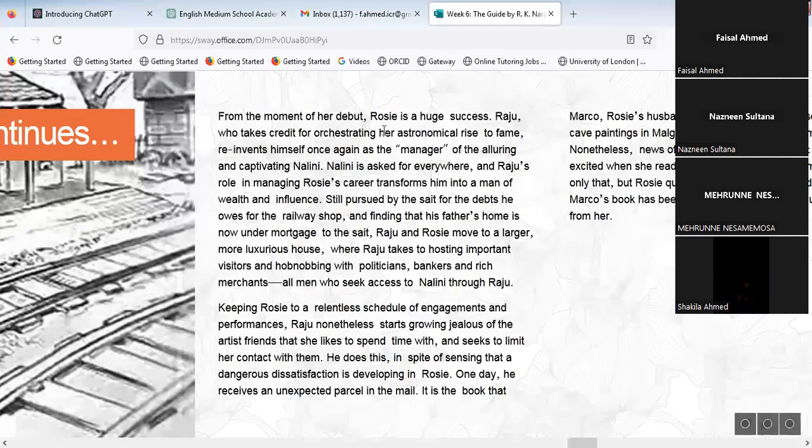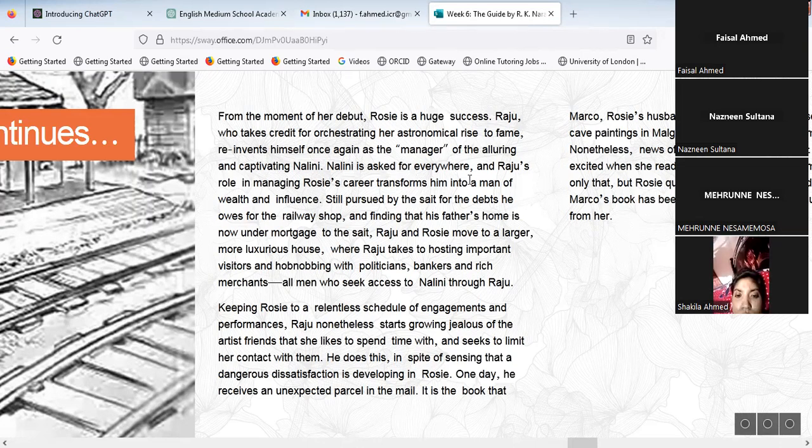From the moment of her debut, Rosie is a huge success. Raju, who takes credit for orchestrating her astronomical rise to fame, reinvents himself once again as the manager of the alluring and captivating Nalini or Rosie.